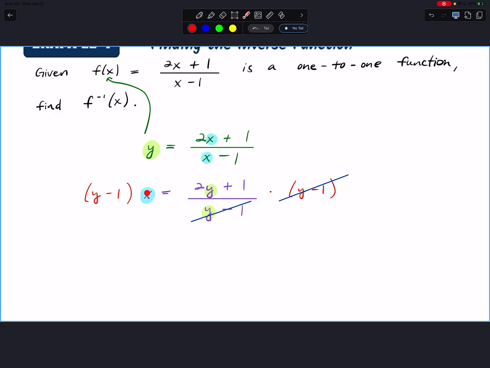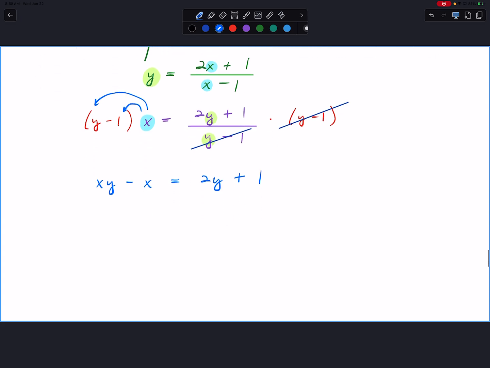I'm going to distribute the x into both pieces. So I'm going to get x times y is xy. Negative 1 times x is negative x. That's equal to 2y plus 1. Okay, does everybody follow me?